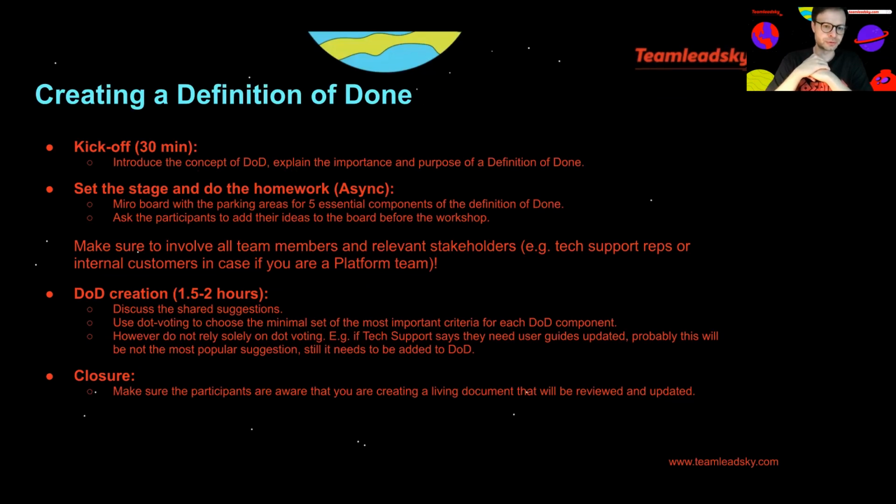I would suggest to make sure that you have everyone, like all the team members and relevant stakeholders on board.